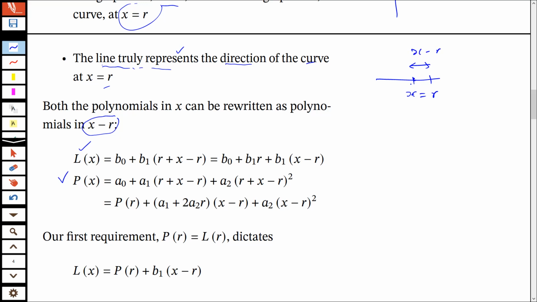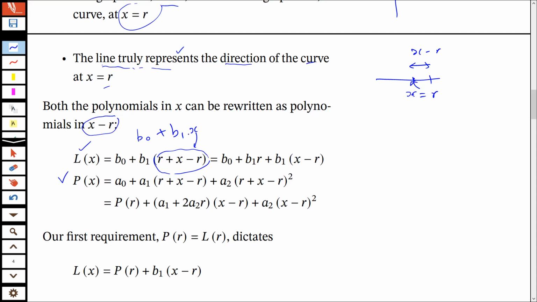If this is r, this will be x minus r. So I can use a trick. Remember, L is b naught plus b1x. The original L is b naught plus b1 x. I can replace this x with this quantity, r plus x minus r.